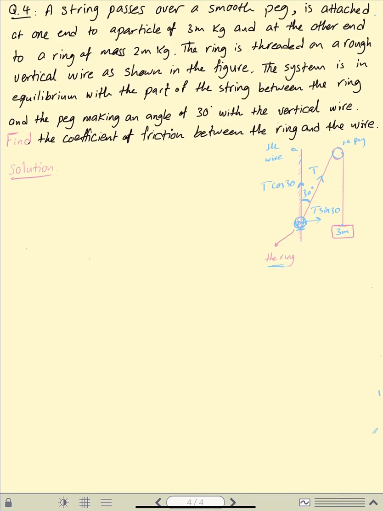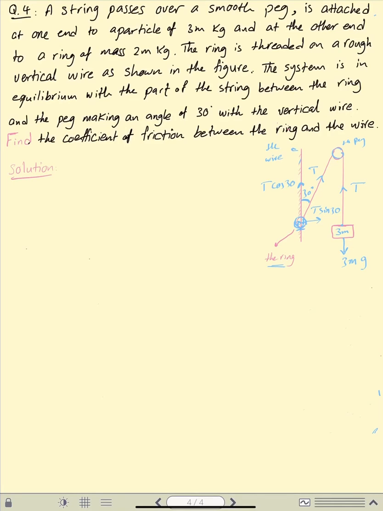And this is the same tension, and it's one string, he said. And the weight of the particle is 3G, the particle 3m. He gives me the masses in terms of m. Before I write, remember how to do these questions. Two particles.